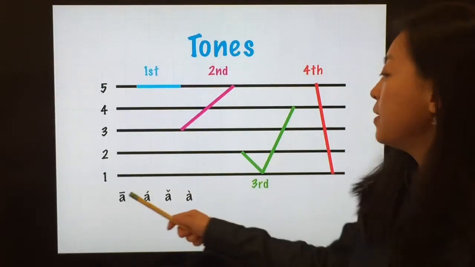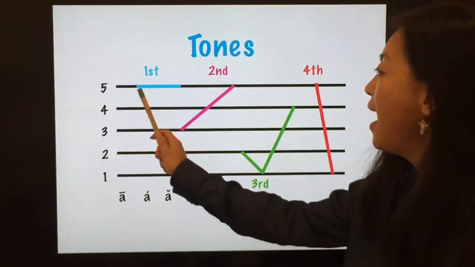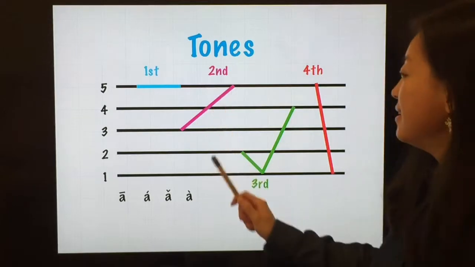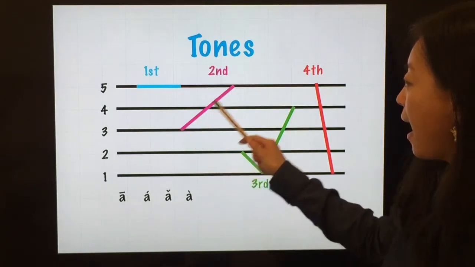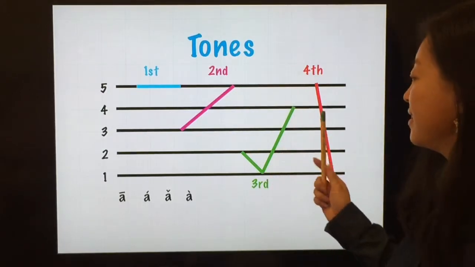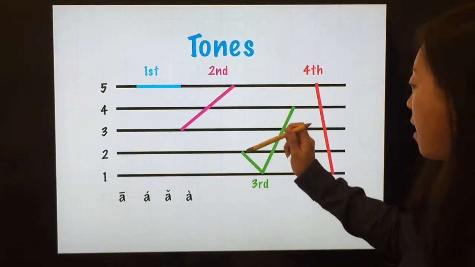Now let's practice this letter with the 4 tones one more time. Second tone, like you have a question. Third tone, you start from a low position.